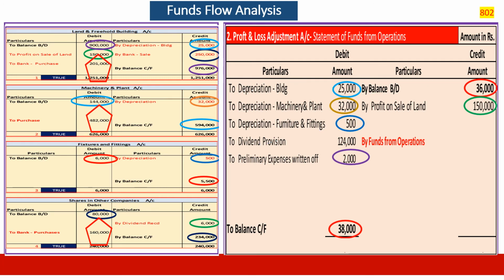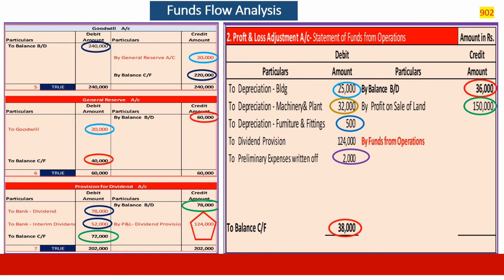And we have to take other two accounts to find out what is the dividend that we have paid. Dividend which is provided in the profit and loss account is the pentagon item, 1,24,000. And we have seen this 20,000 written off between goodwill account and general reserve is of no consequence.